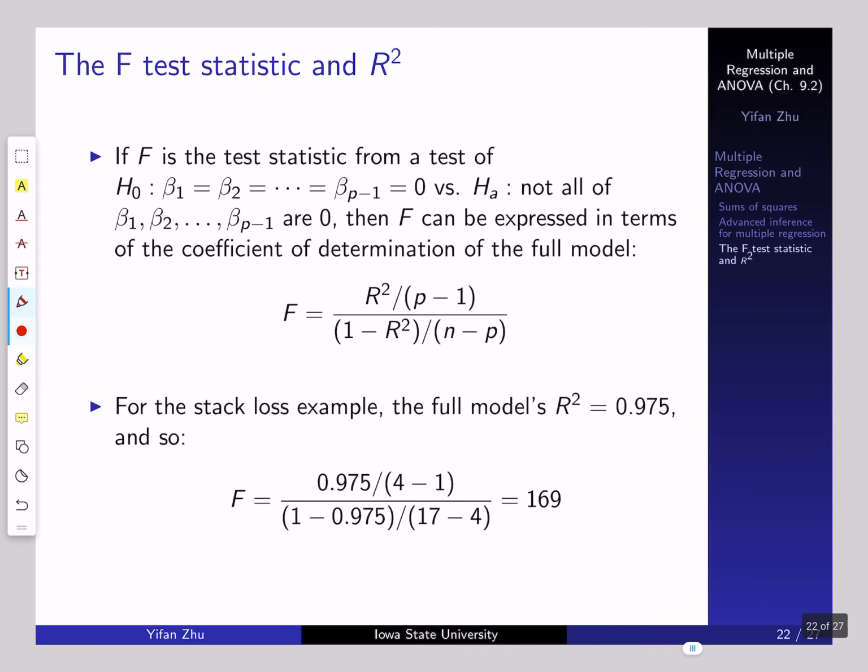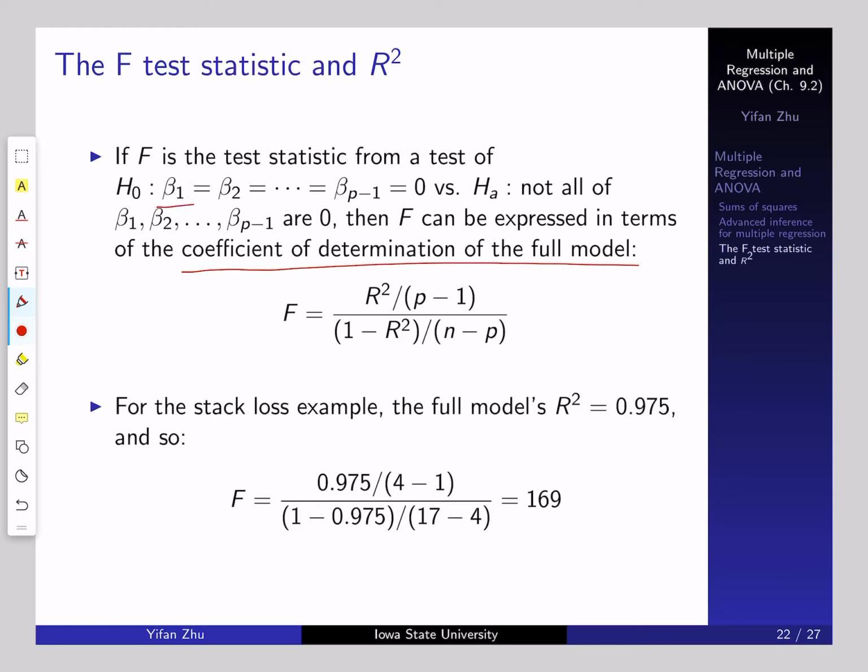And let's look at the relationship between F and the R squared. So it turns out that the F test statistic can be re-expressed in terms of the coefficient of determination of the full model.